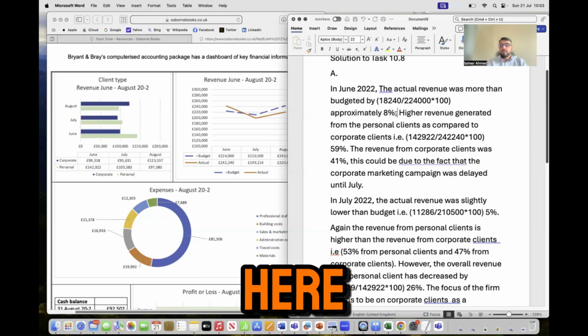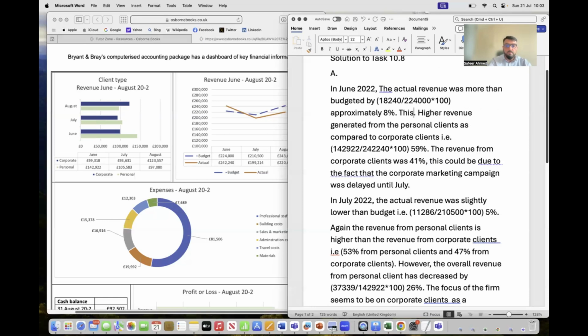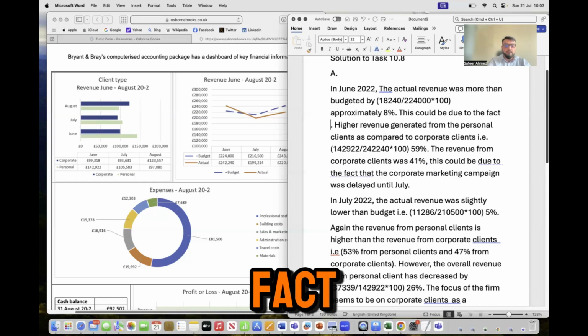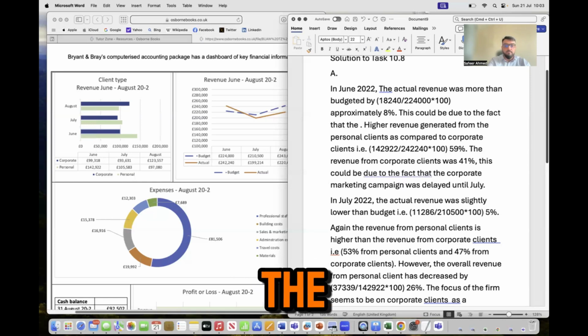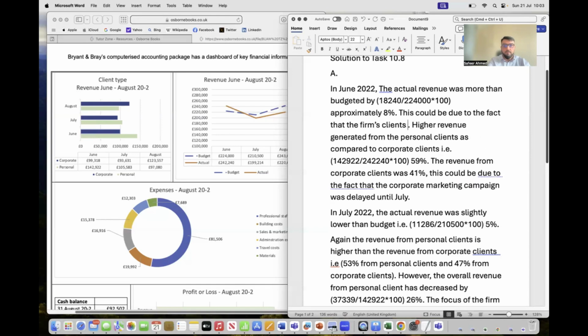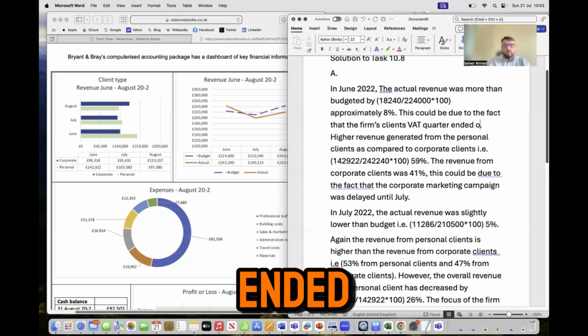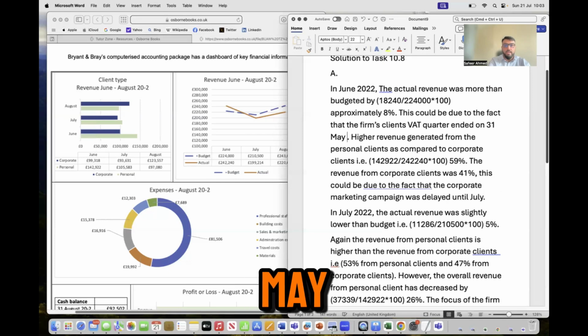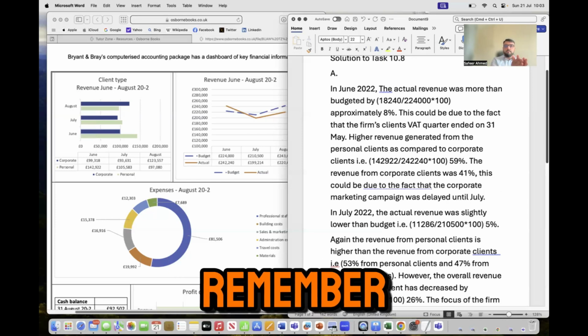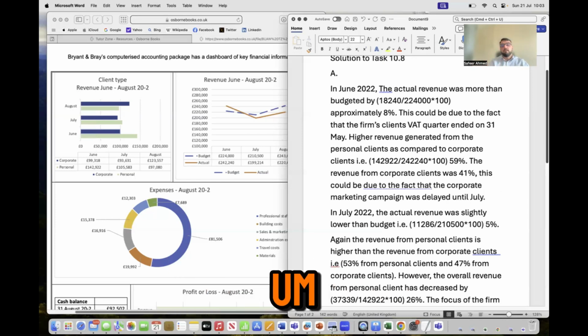You can add here, this could be due to the fact that the firm's clients' VAT quota ended on 31st of May. Which means that the due date would have been 7th of June, and then they would have made the payments.